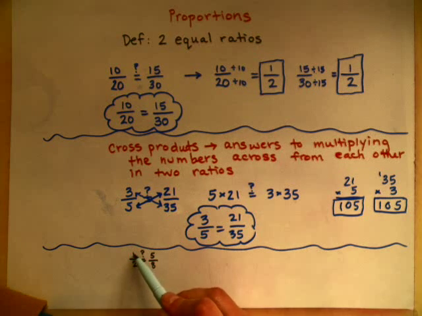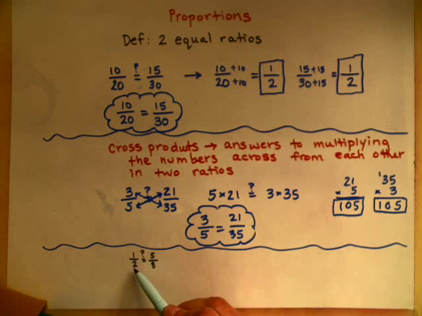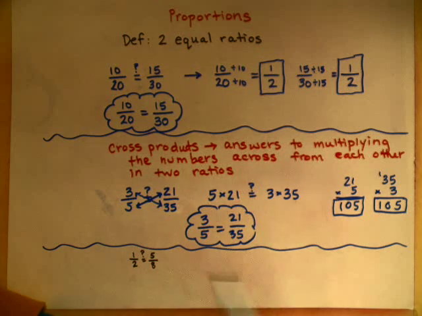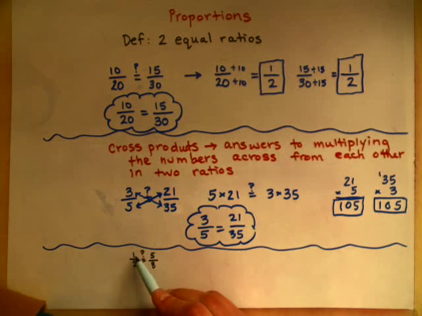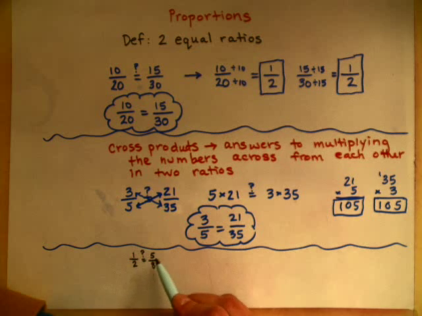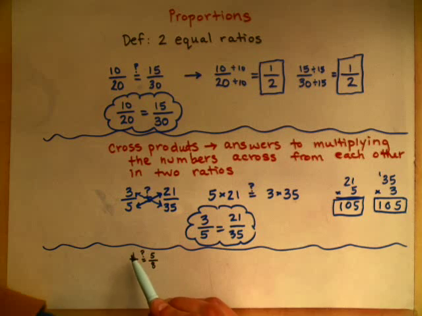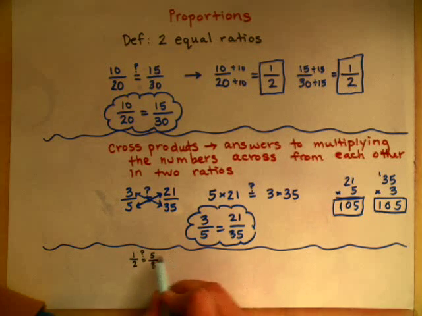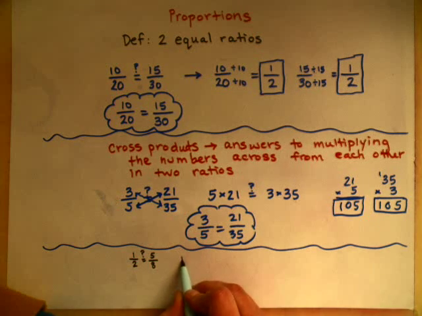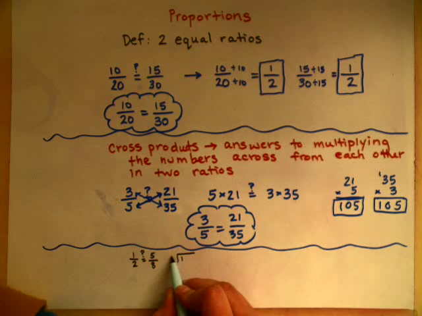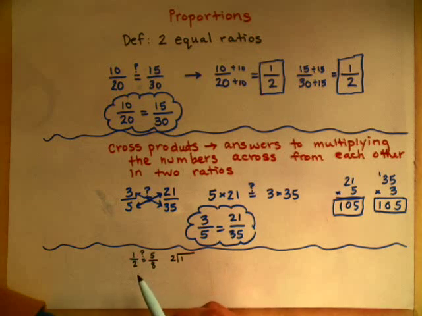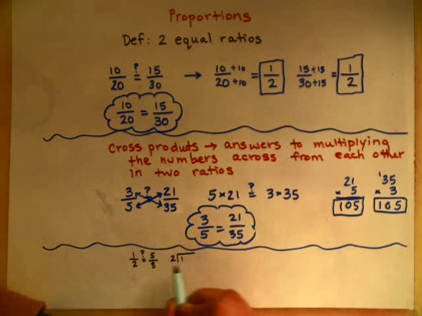So 1 divided by 2. Top number in the house, if you want to find out what these are as decimals, you divide. So if the numerator divided by the denominator equals the same for both of these, then they form a proportion.